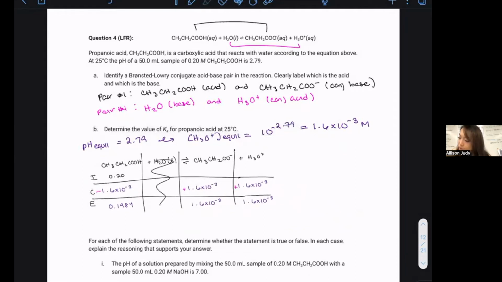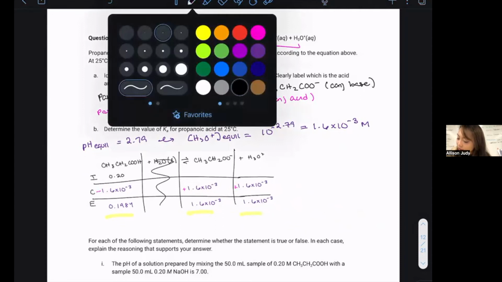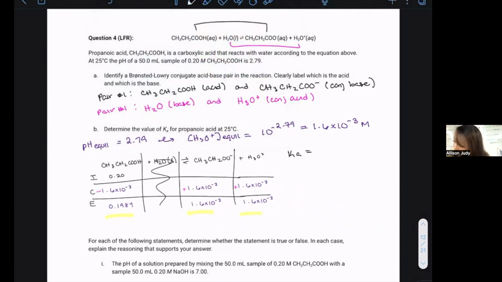Now I take my equilibrium concentrations for each species, and I simply plug into my Ka expression, and I know that Ka is going to be equal to the concentration of H3O plus at equilibrium times the concentration of my other ion, my conjugate base ion produced, CH3CH2COO minus, all over the initial concentration of my weak acid, propanoic acid, CH3CH2COOH.